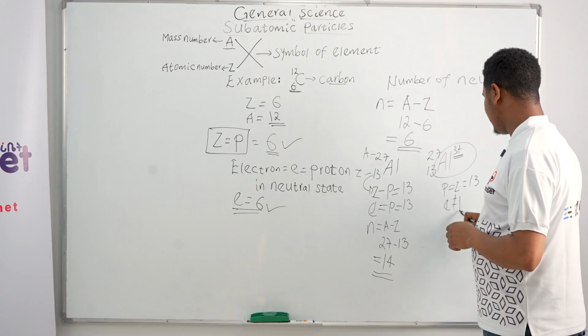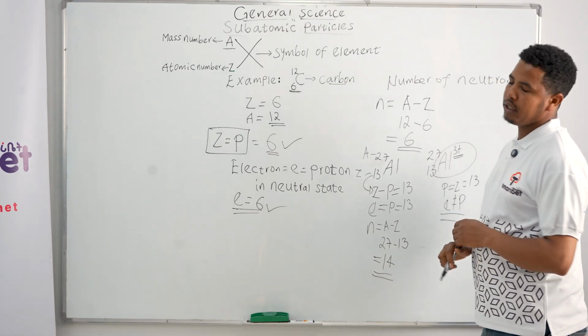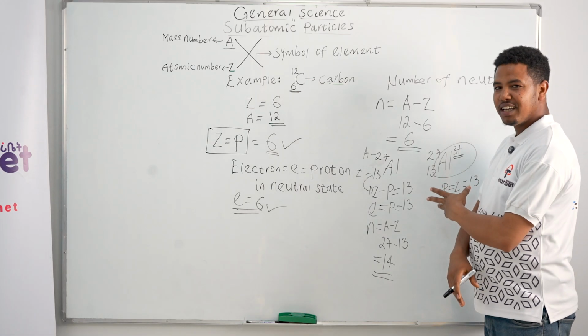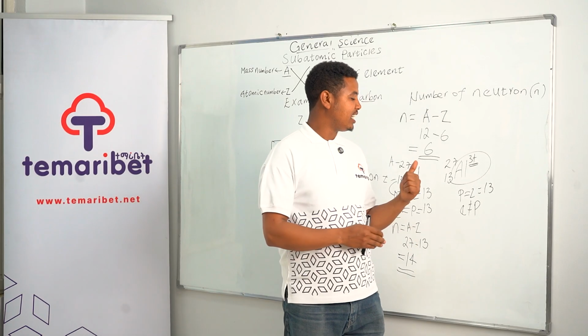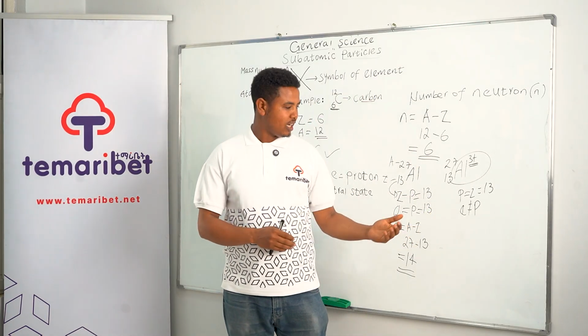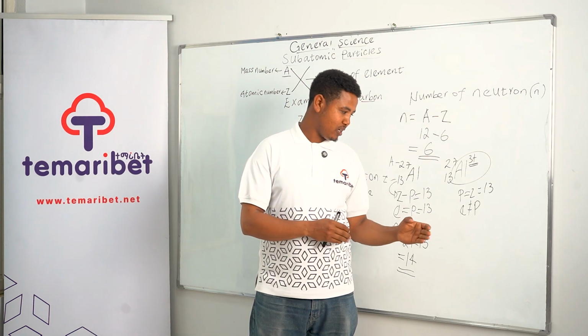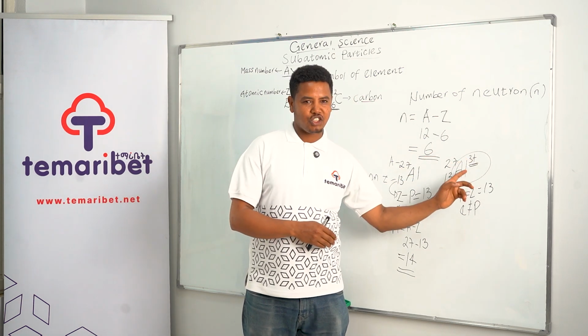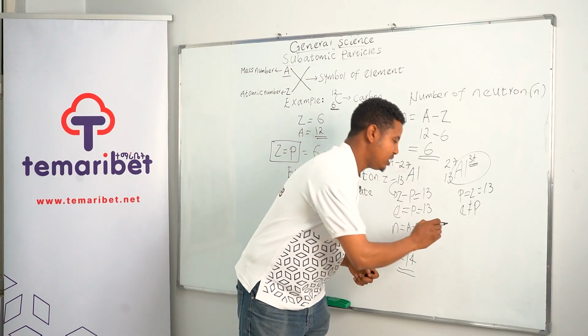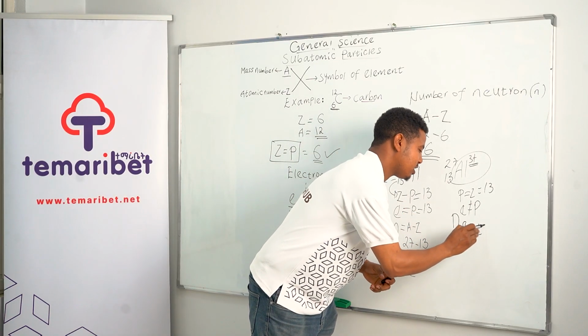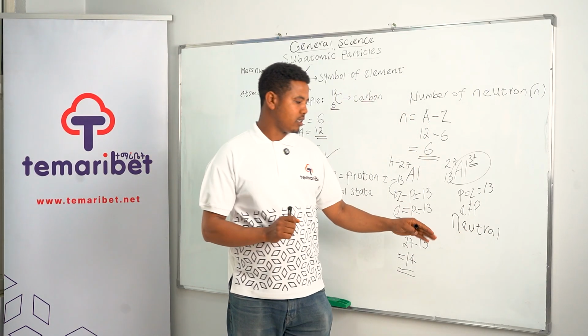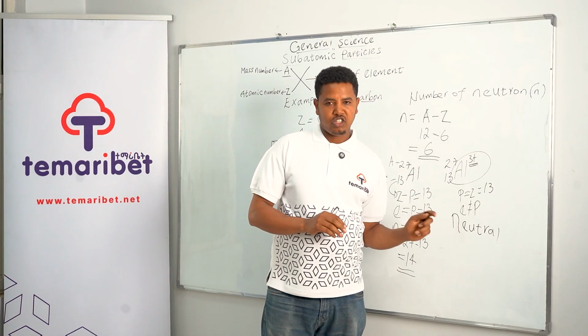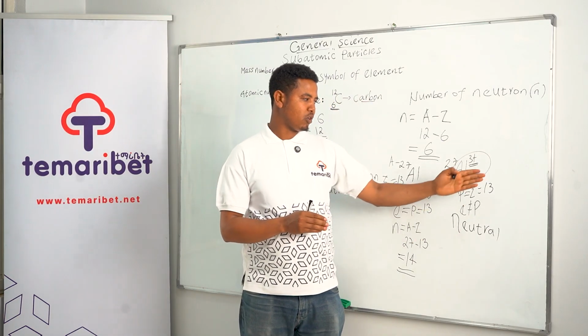So in this case, E is not equivalent to P. We will not take the number of electrons as equal to protons, because as you observe here, it has a charge. This is not neutral. It is charged. Since it is a positive charge, we deduct from the number of protons.